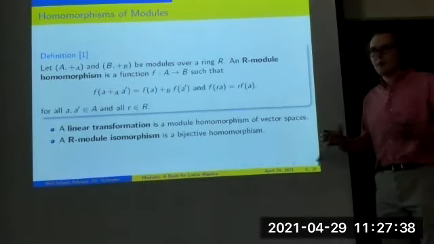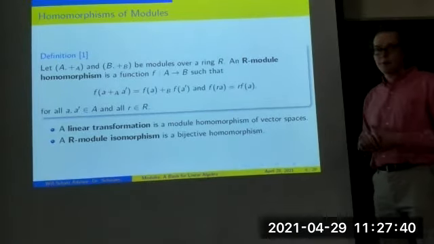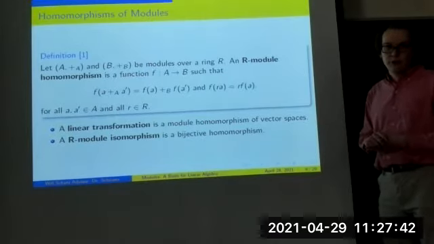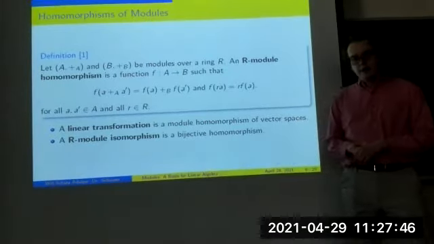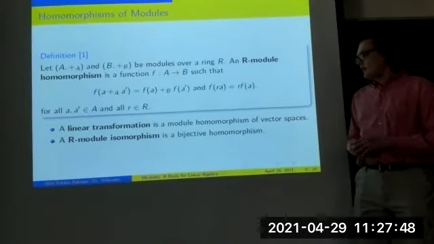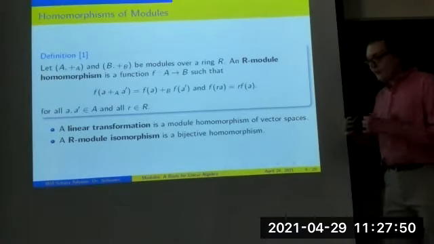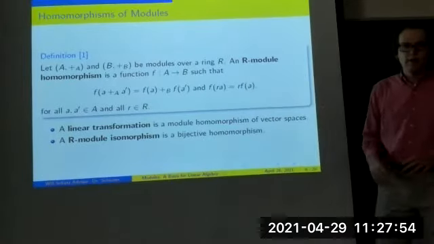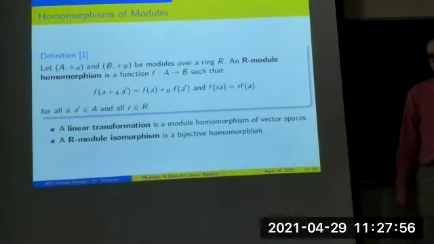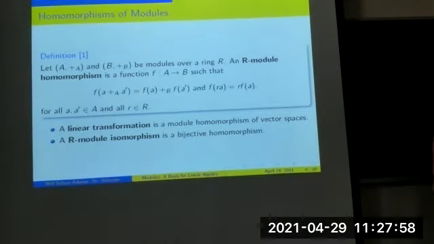So we can use anything we know about group homomorphisms and apply it to module homomorphisms. And so a linear transformation from linear algebra simply reduces to a module homomorphism of vector spaces. And an R module isomorphism, of course, is a bijective homomorphism of modules.